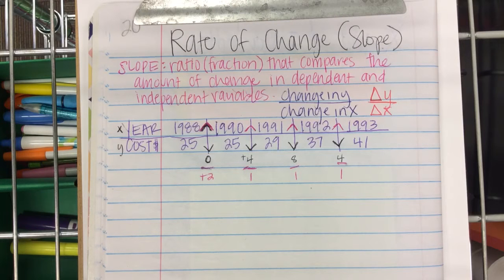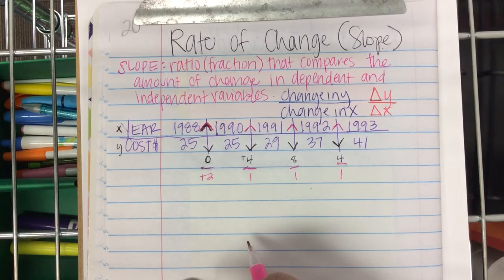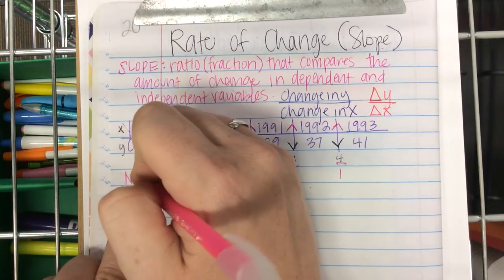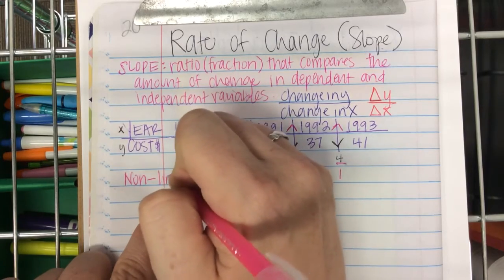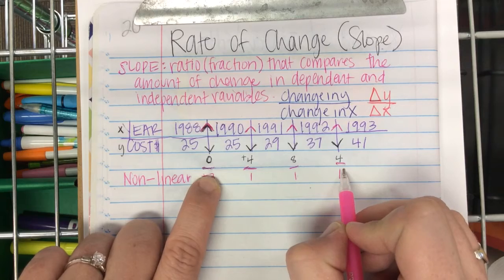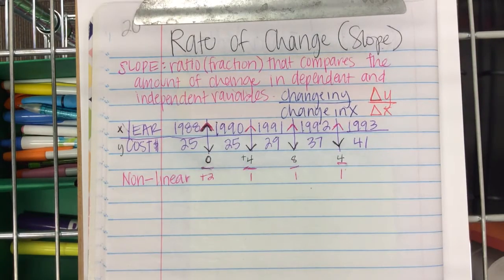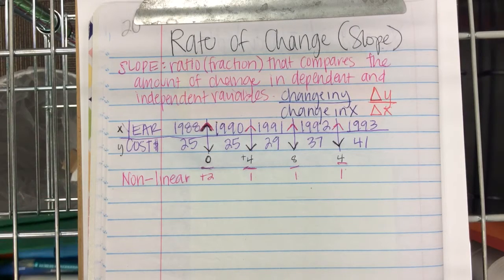We've even done it to the point of saying that is this graph going to be linear or nonlinear? Nonlinear. Because these are all different. These 4 things that we found are called the rate of change.